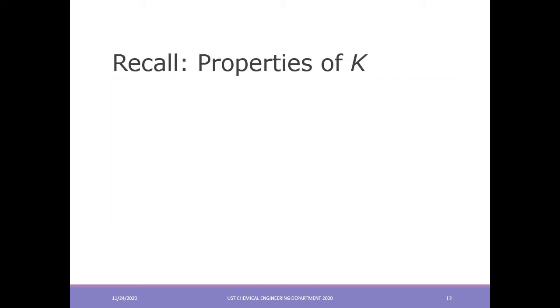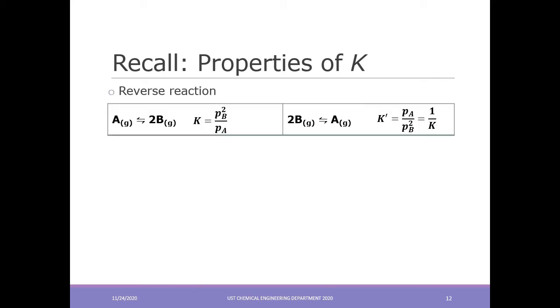Now, before we go on to examples, let us first recall the properties of the equilibrium constant, which you have already learned in your analytical chemistry course. First, when the reaction is reversed, the equilibrium constant of the new reaction K' is equal to the reciprocal of the old equilibrium constant.